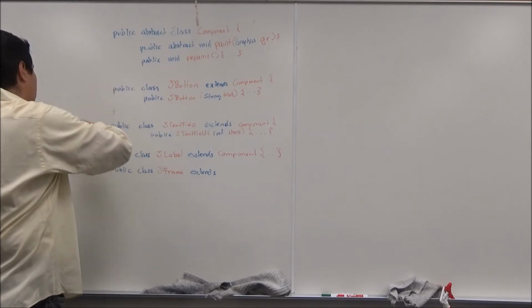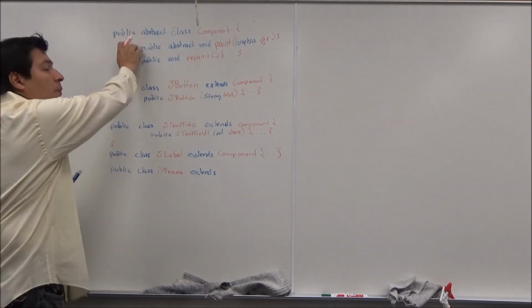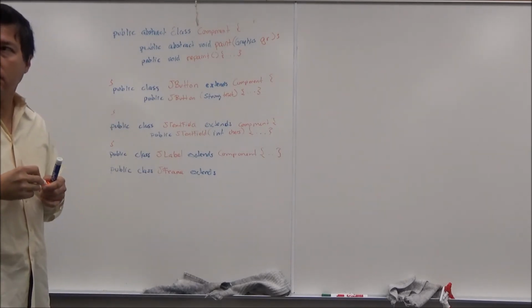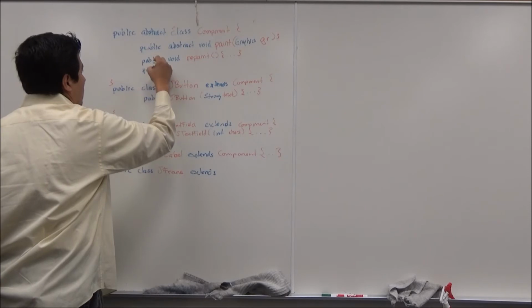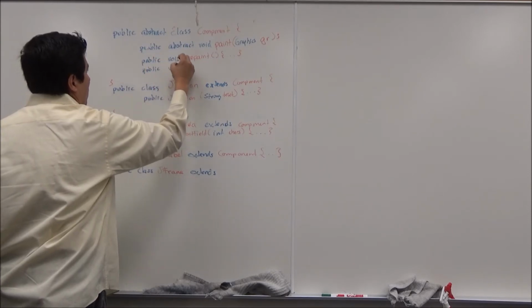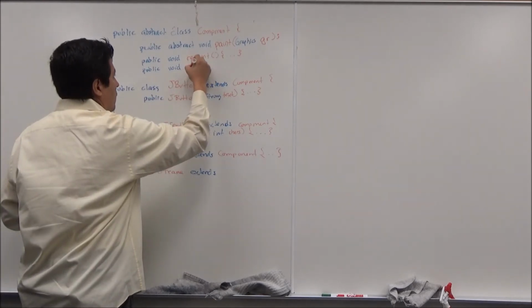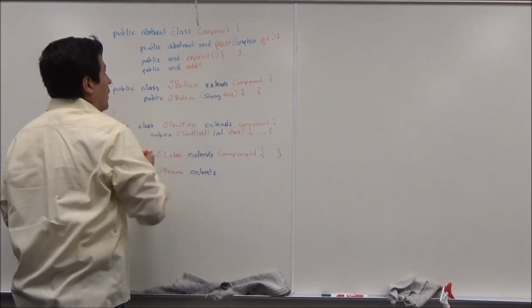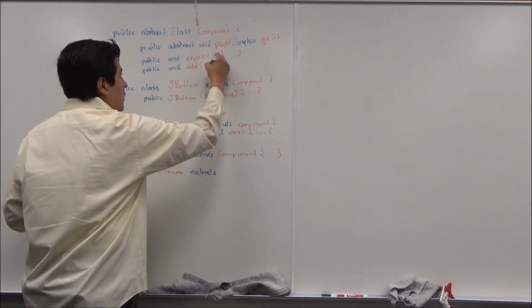Oh, I forgot to mention here. In this class component, there's a method called add. And it takes another component as parameter, kind of like we did with the airports.